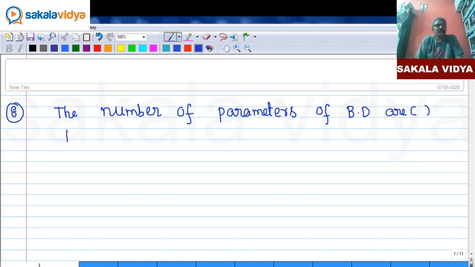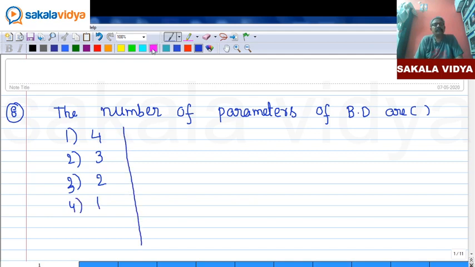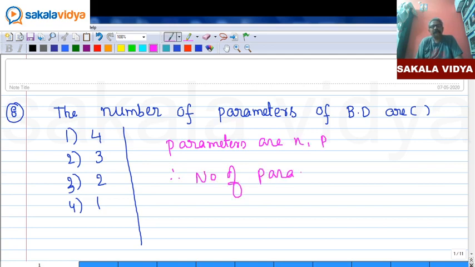Options are 4, 2, 3, 1. See, the parameters are n comma p. Therefore, number of parameters is equal to 2. So, third option.